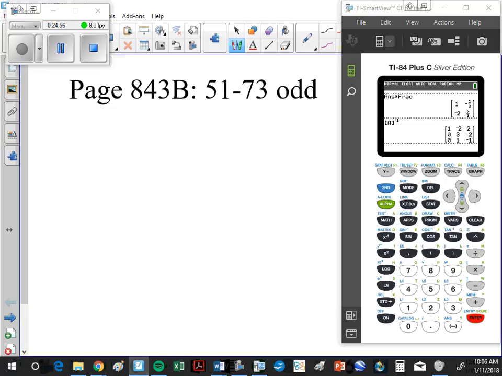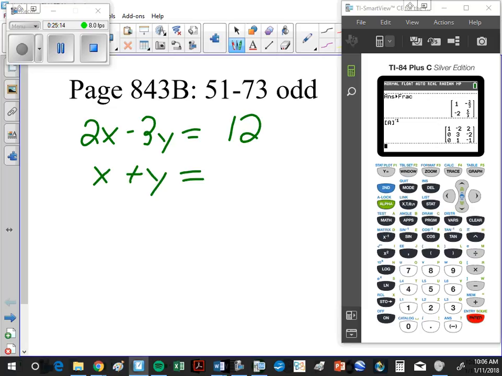For instance, let's take 2x minus 3y is equal to 12, and x plus y is equal to 1.